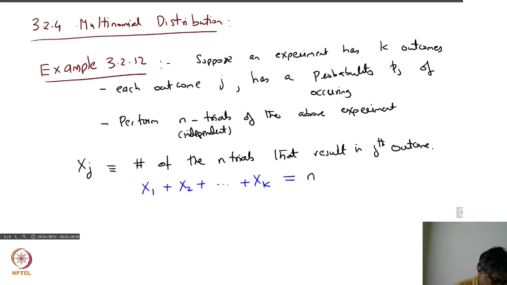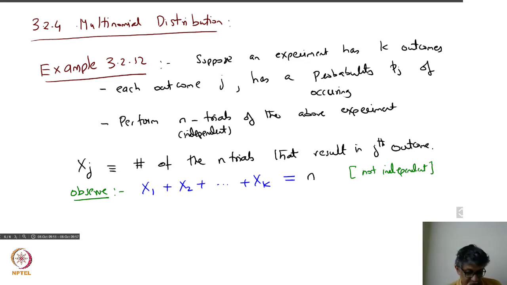So observe, they're not independent, because the sum adds up to n. There's a clear relationship. If I know X1 through X(k minus 1), then Xk is uniquely determined. This is one important fact.